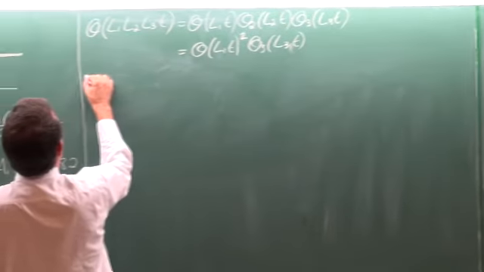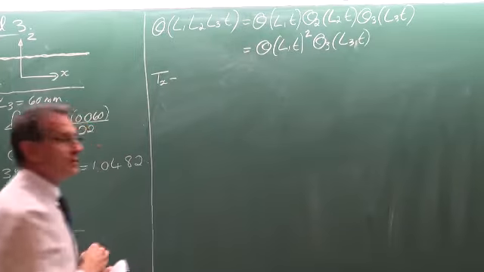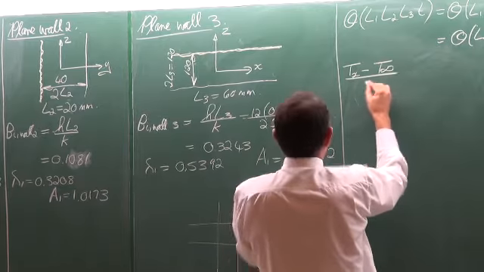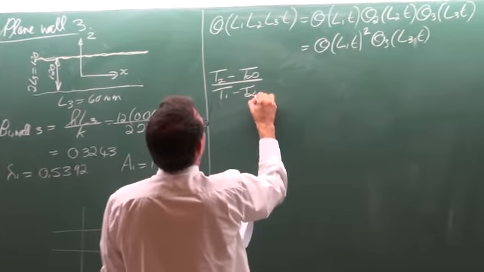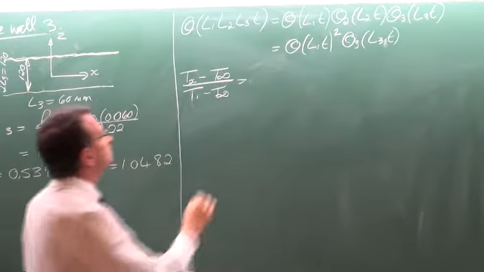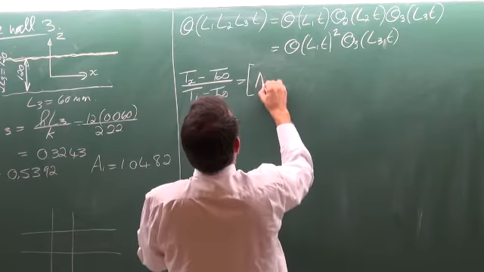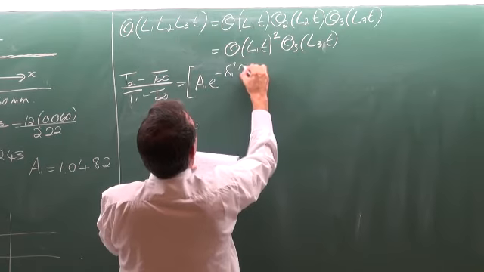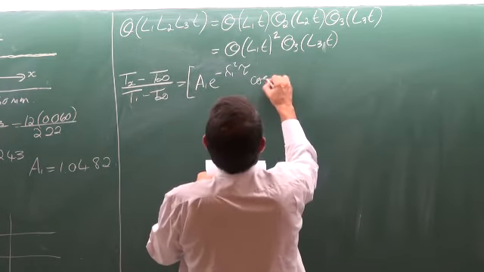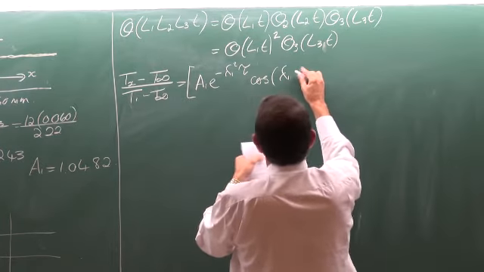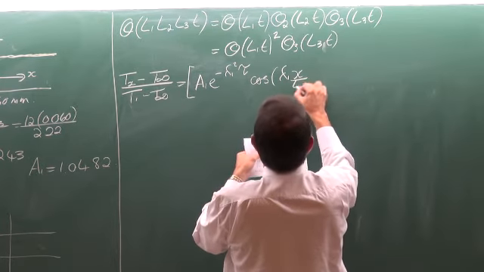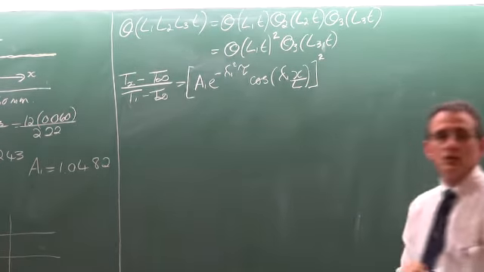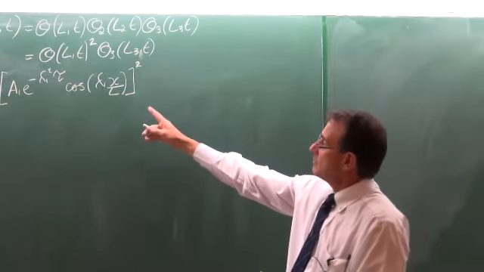Now if we write it out, we can say the non-dimensionalized temperature at point x in the corner, (T minus T infinite) divided by (the initial temperature minus T infinite), is equal to A1 e to the minus lambda 1 squared tau cos(lambda 1 x divided by L), the square of it, because we need two of them.